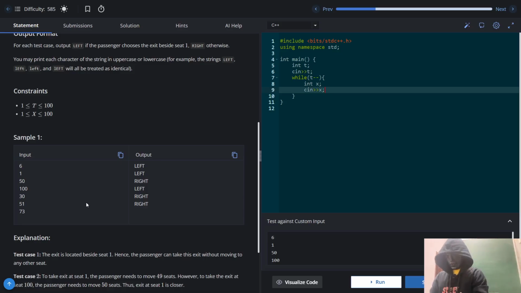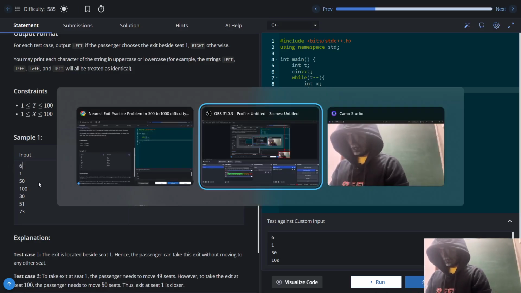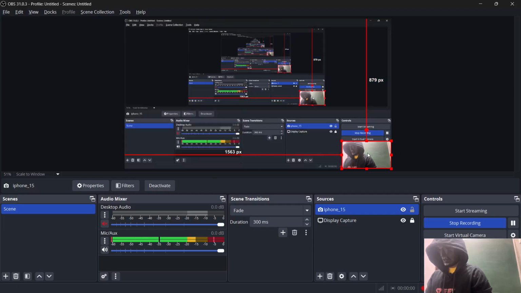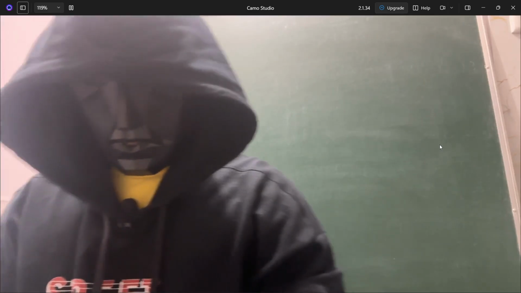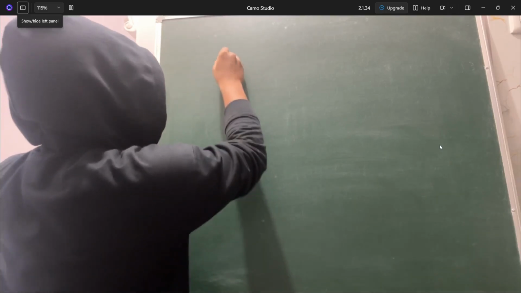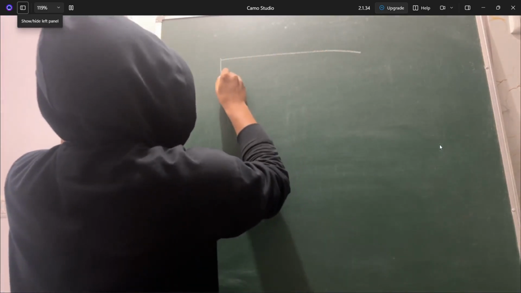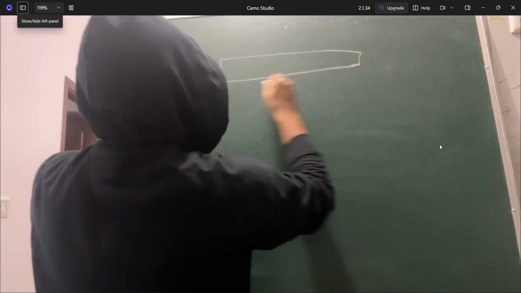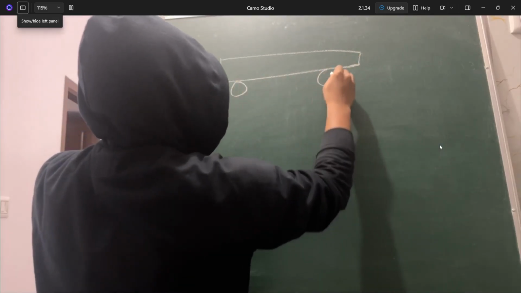There are totally 6 examples. The first example is 1. Let me take you to the board. First let me construct a bus, basically. Don't judge me, I'm just drawing for the visualization.